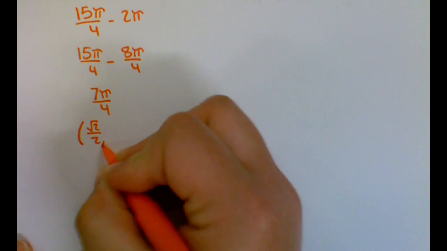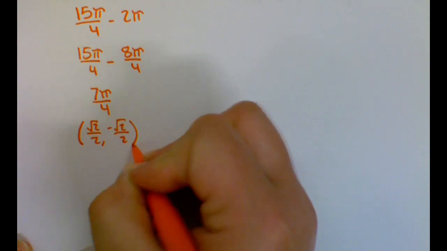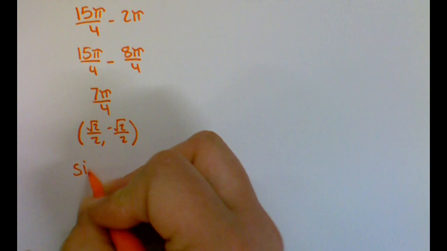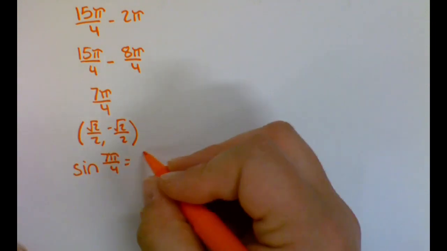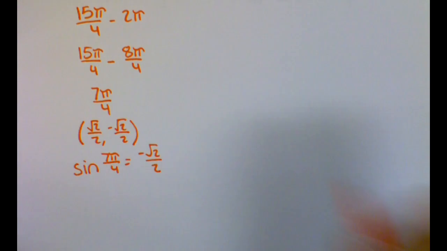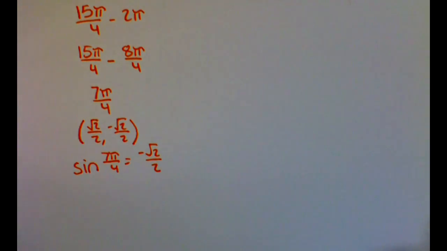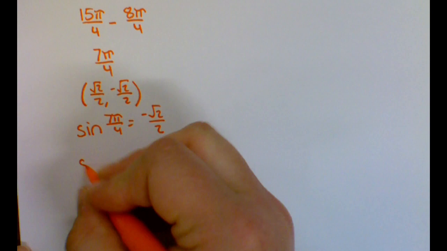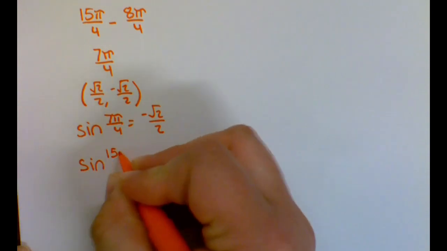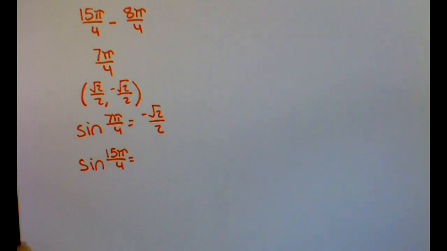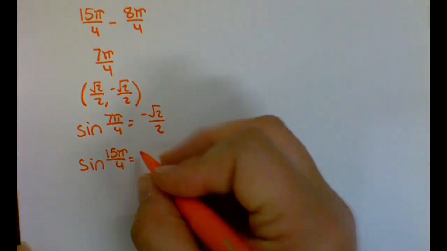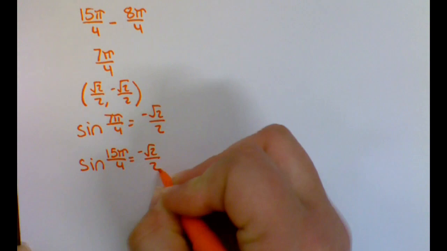Square root 2 over 2, negative square root 2 over 2. I want the sine of 7 pi over 4, which is the y coordinate. So negative square root 2 over 2. The only problem here is that I wasn't looking for the sine of 7 pi over 4. I was looking for the sine of 15 pi over 4. But since the unit circle just goes around and around and around and repeats, it's the same thing. So there's my answer.